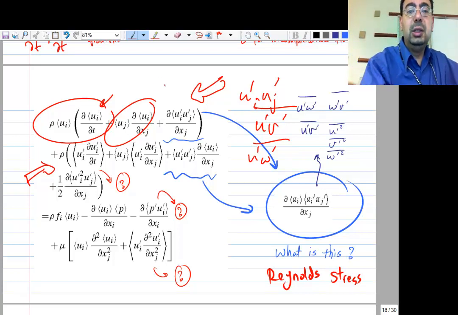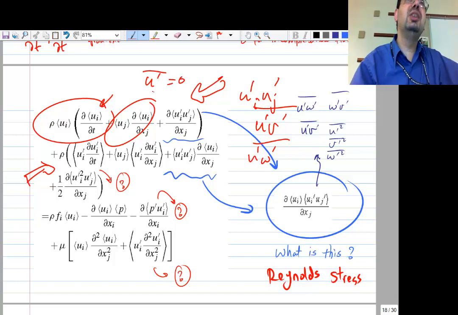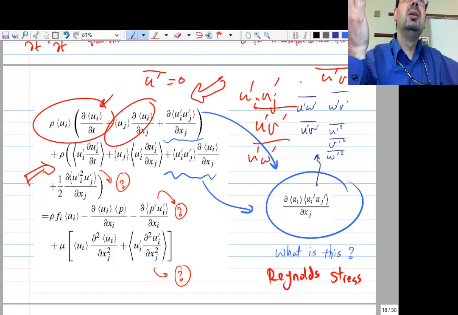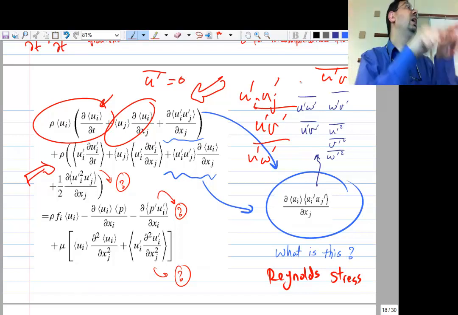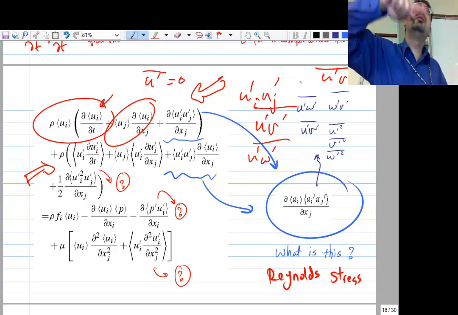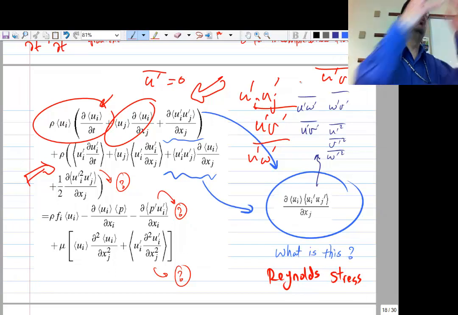I know that U prime average is 0. By definition, U prime average is 0. But U prime V prime average is not 0. It's not 0. I have no idea, when you multiply them by each other, do they get a spike plus and then a very small minus, so that when I average them at the end, I have more plus than minus, and therefore it's not going to be 0.